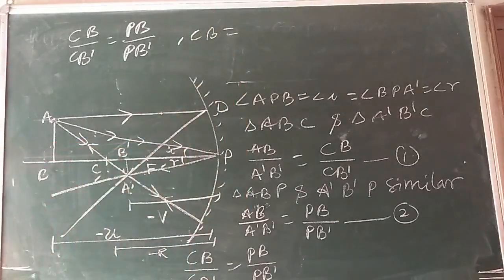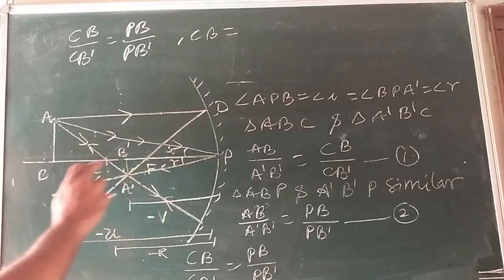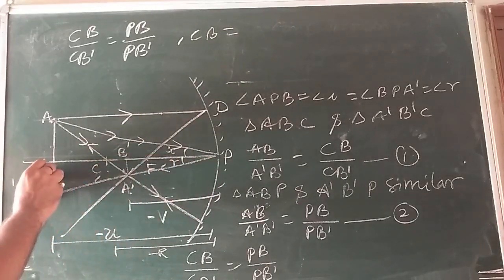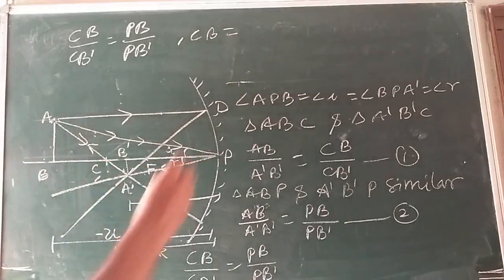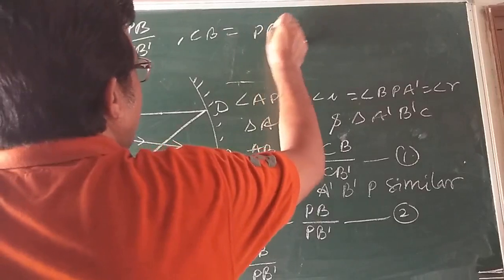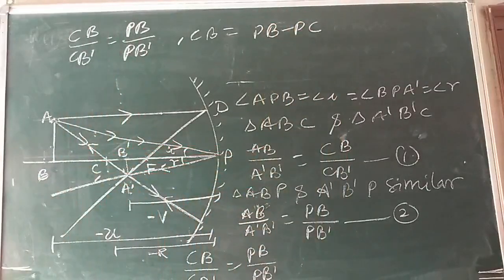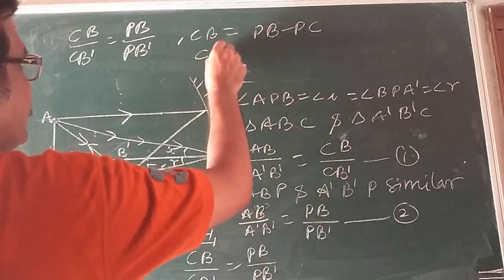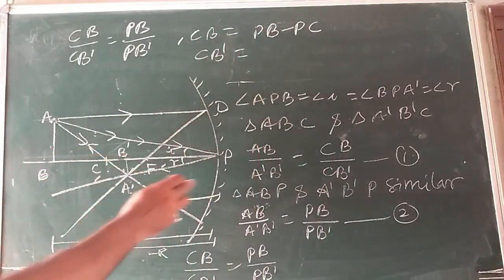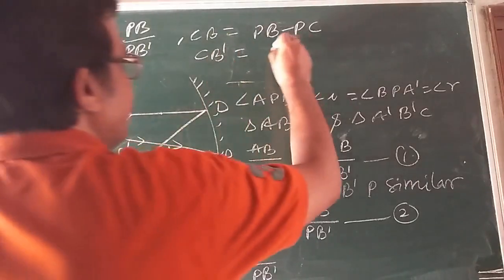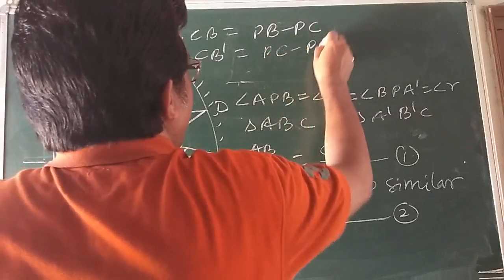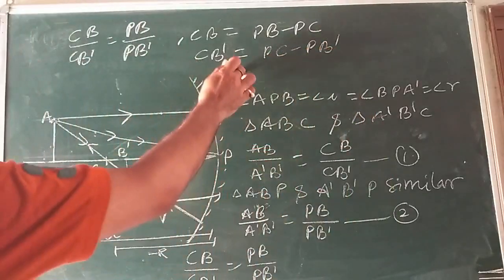See that in this figure, that is C, here is B. What is CB? That is PB minus PC. Similarly, CB dash, that is PC minus PB dash. Put these values here.